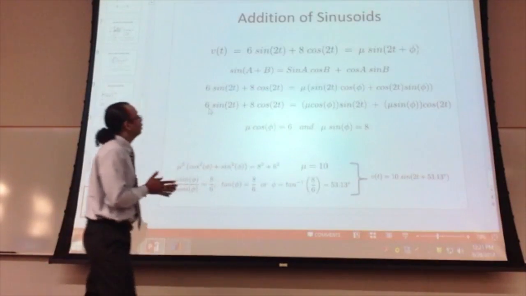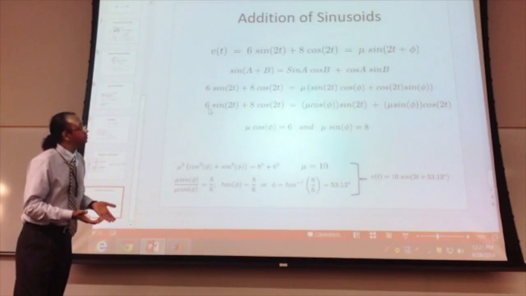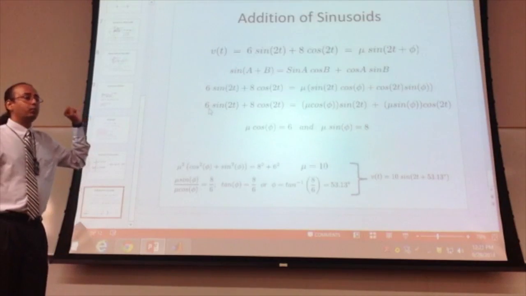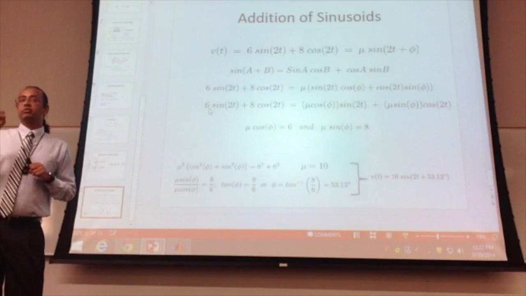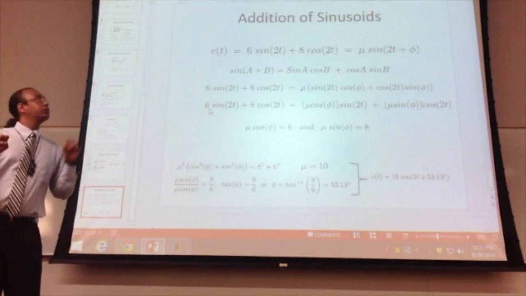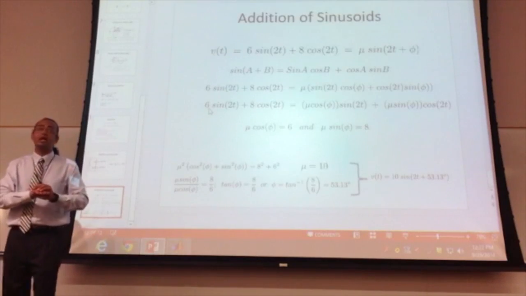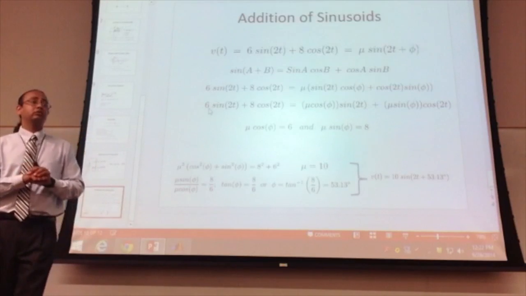Our goal is to find out what this mu is and what phi is. So when you add 2 sinusoids, you're going to get a sinusoid. You have to find the combined amplitude and the phase shift if there is one. You don't have to worry about the frequency because both waves have the same frequency.